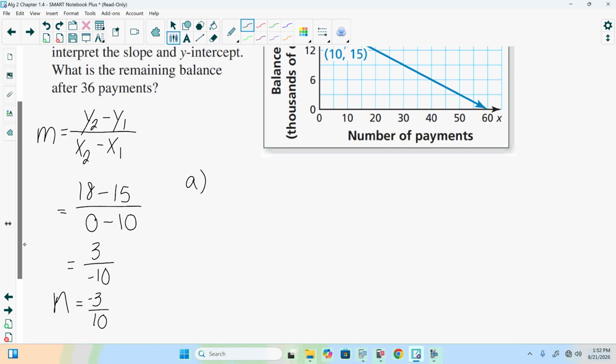Now we need to interpret the slope. The x-axis is our payments, the y value is the balance. So we could say what? For every 10 payments, the balance does what?